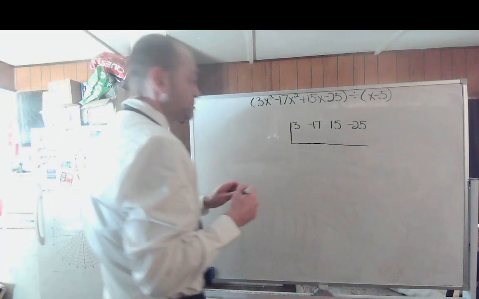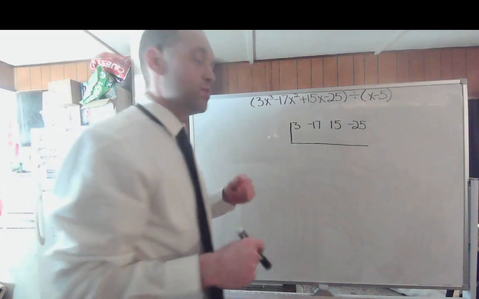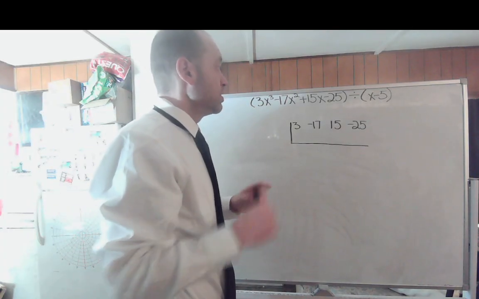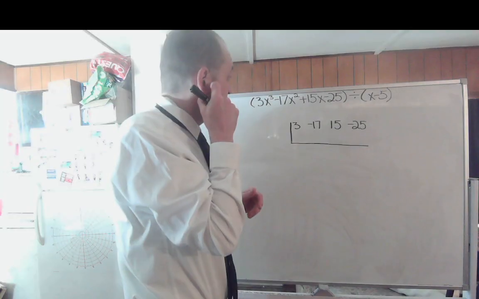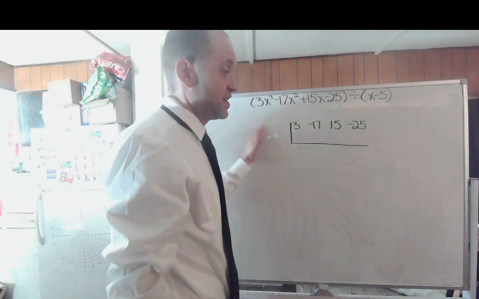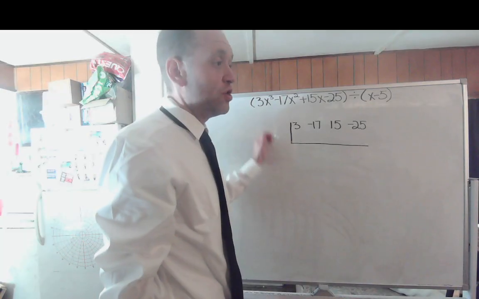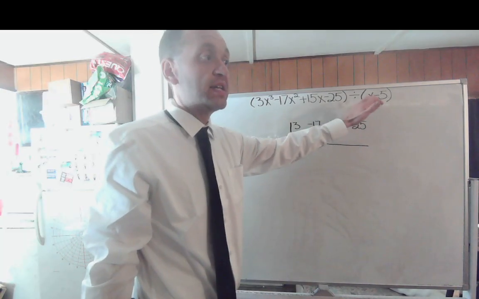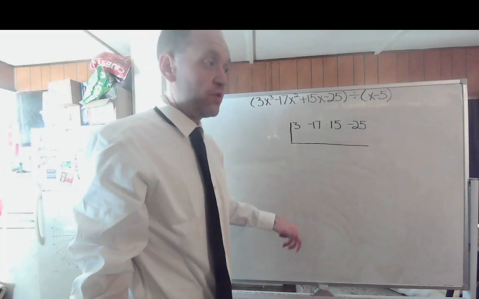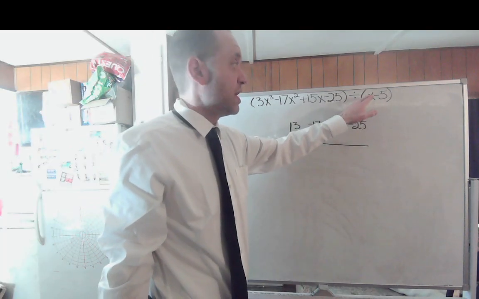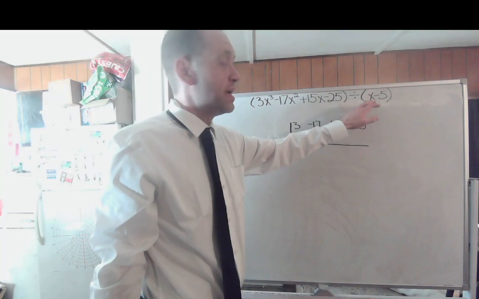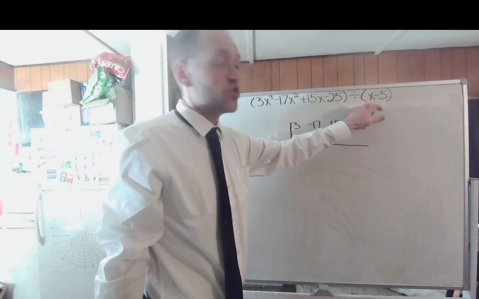And then that x minus 5. So what are we going to do with that? Well, whenever you divide a polynomial using synthetic division, it's that polynomial divided by x minus k. And by the way, your coefficient on your x to the first term in the divisor should always be 1.